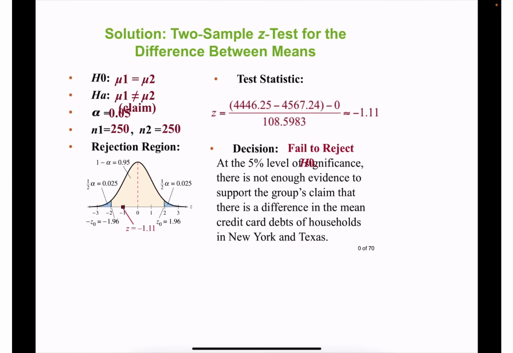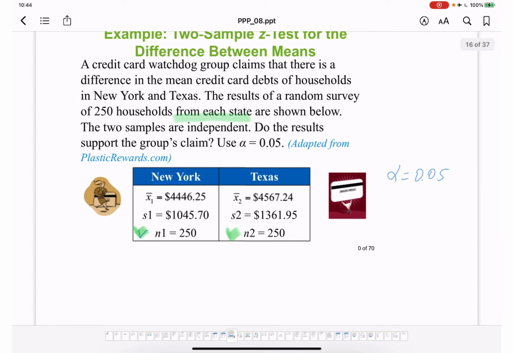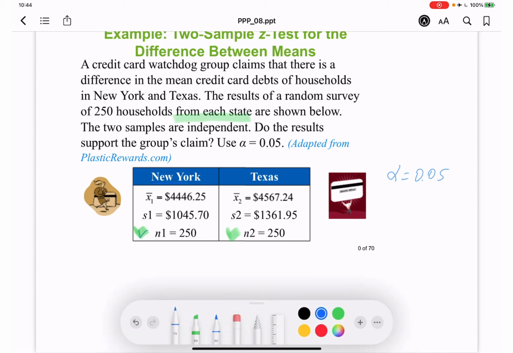All right, so what do we have? Here is our claim, hypothesis test. The null hypothesis we always put as equal. How do we know which tail it is? The group says there is a difference in the mean credit card debt of households in New York and Texas, which means mu1 does not equal mu2.